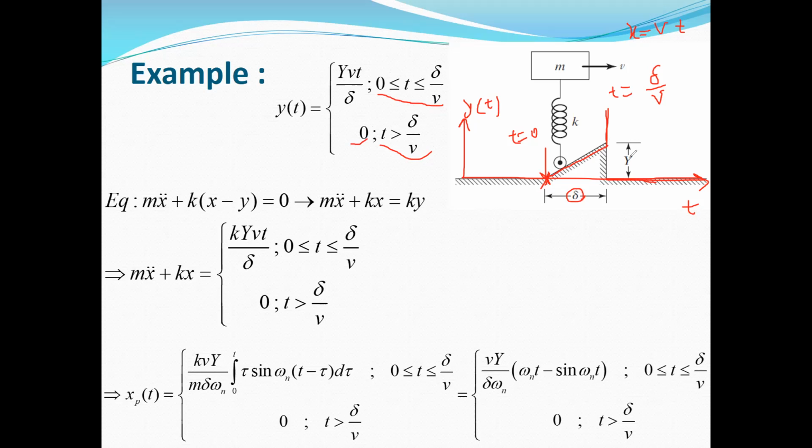The slope is Y, of course the uppercase Y, divided by delta, times v, and times t will give you the position of this point, or the equation of this line as a function of time.